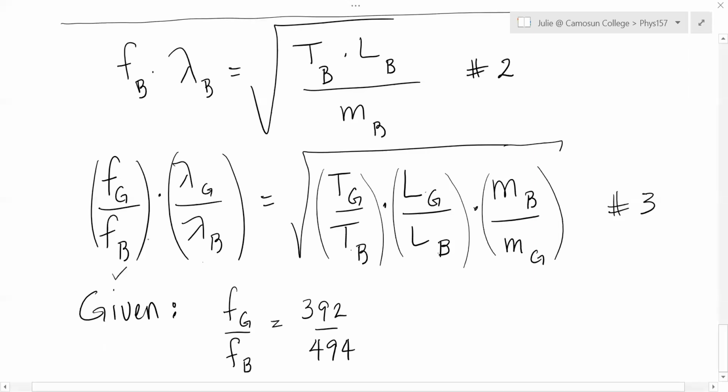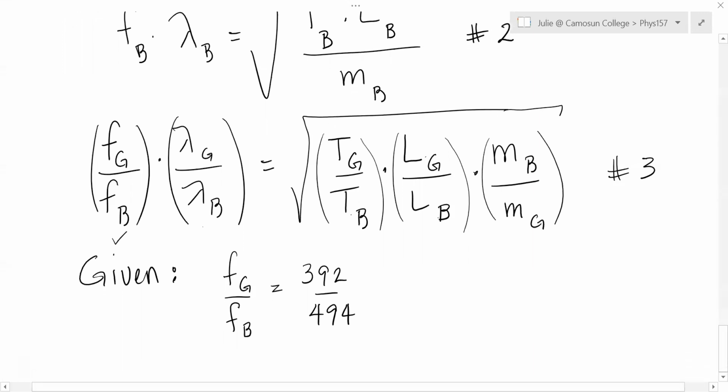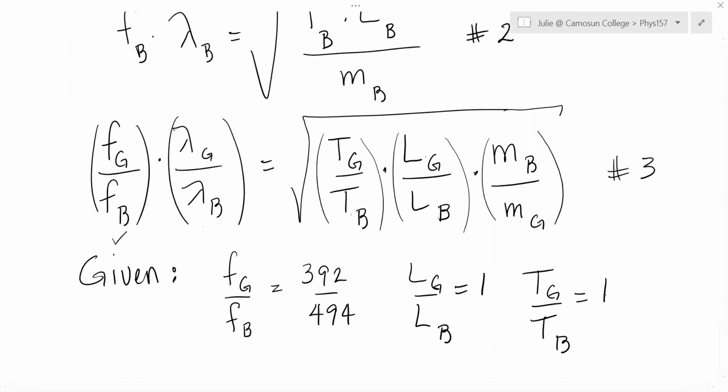Now, what else are we told? It says the two strings have the same length. Okay, so we're given LG over LB equals 1 because they have the same length. And then we're told they're under the same tension. Okay, so we're told TG over TB equals 1. That's 1, 2, 3 ratios. And then we're asked, what is the ratio of the masses?